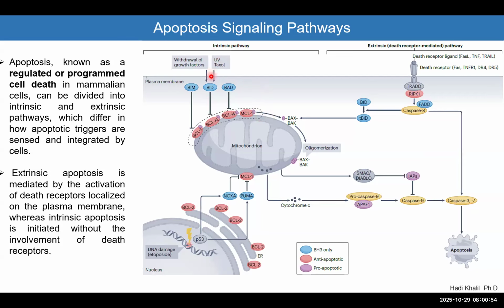Now, when you have a trigger that induces the levels of BIM, BID, and BAD, which are the pro-apoptotic proteins, BAX and BAK can now be released because there are fewer anti-apoptotic proteins available. Those will go through a process called oligomerization.